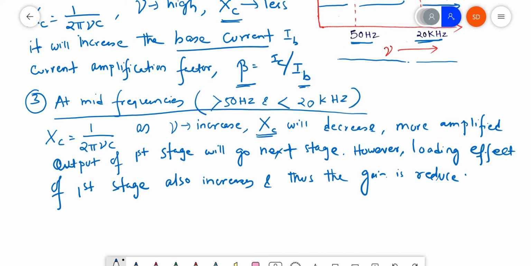That means on one side the voltage gain will increase because of decrease in Xc or reactance, but however due to loading effect, that voltage gain is balanced, or that voltage gain reduces. So decrease in Xc contributes to increase in voltage gain, but corresponding increase in loading effect causes decrease in voltage gain.